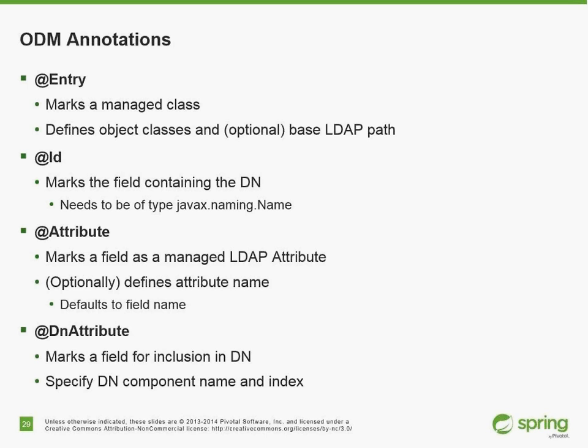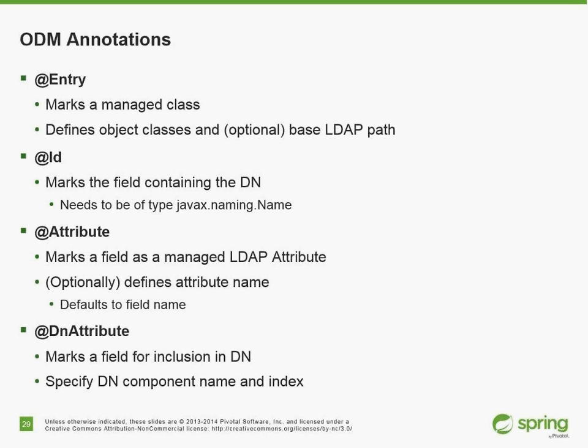If you want ODM to automatically build distinguished names of your entries, or if you want to extract stuff from the distinguished name and be able to access that from your entity class, you can annotate your class, your attribute or your field with @DnAttribute. You specify the dn component name and the index for that.